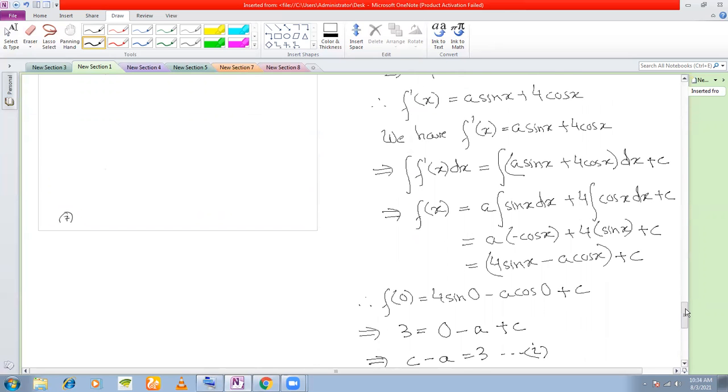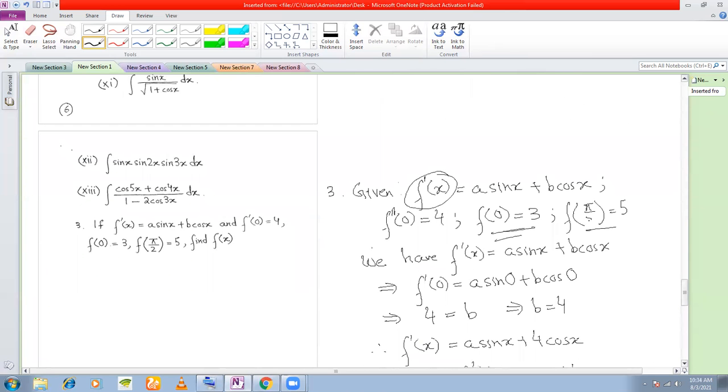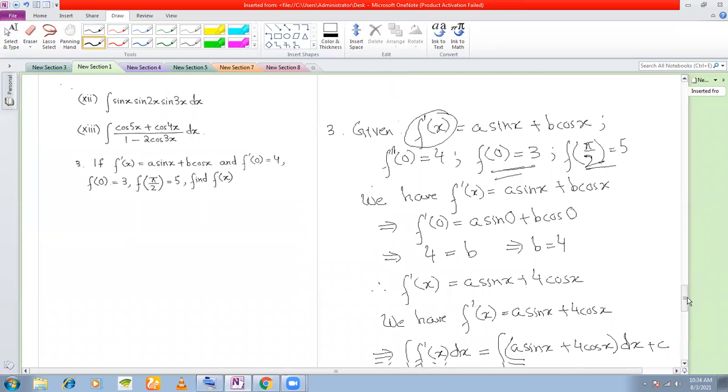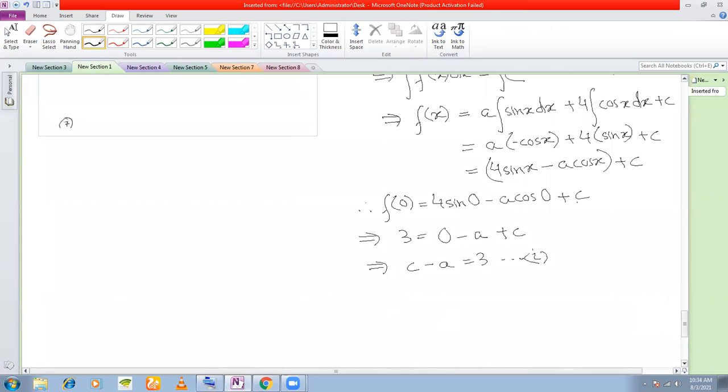Now what is the next condition given here? The next condition given here is f pi by 2 is equal to 5. Putting in the same equation, f pi by 2 is equal to 4 sin pi by 2 minus a cos pi by 2 plus c.